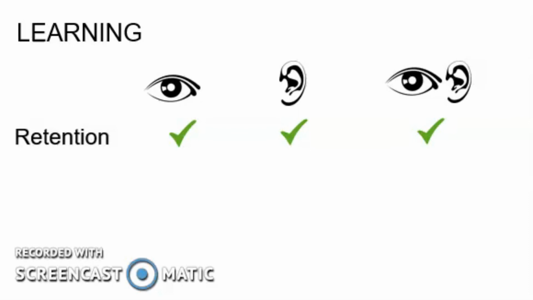All the channels perform equally well. But when transfer was concerned, that is the consolidation of the knowledge and using it for problem solving, critical thinking, for higher order learning, using only one channel didn't work well. However, when we use the dual channels, it promoted learning. It promoted higher order learning.